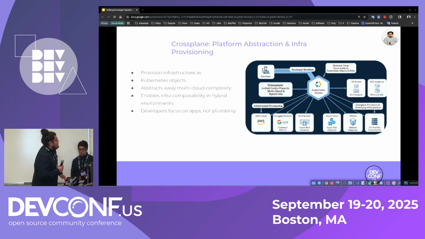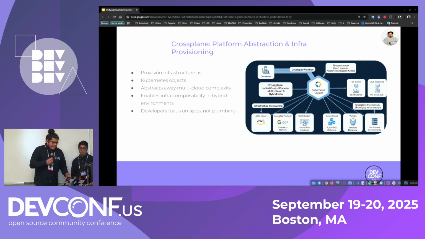Crossplane, platform abstraction, infrastructure provisioning. To make this unified developer experience, we need tools that abstract away infrastructure complexity. This is where Crossplane plays the key role. With Crossplane, infrastructure is provisioned as Kubernetes objects using the same declarative model developers already know. That means no separate language, no isolated provisioning scripts.